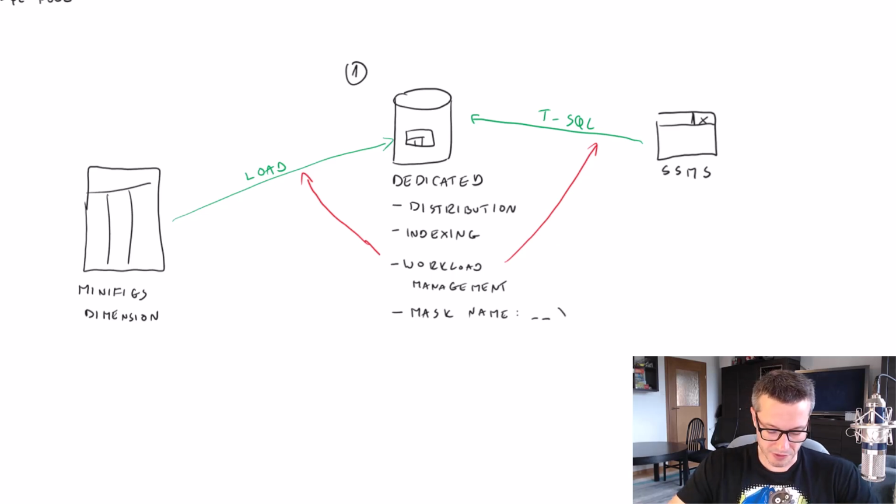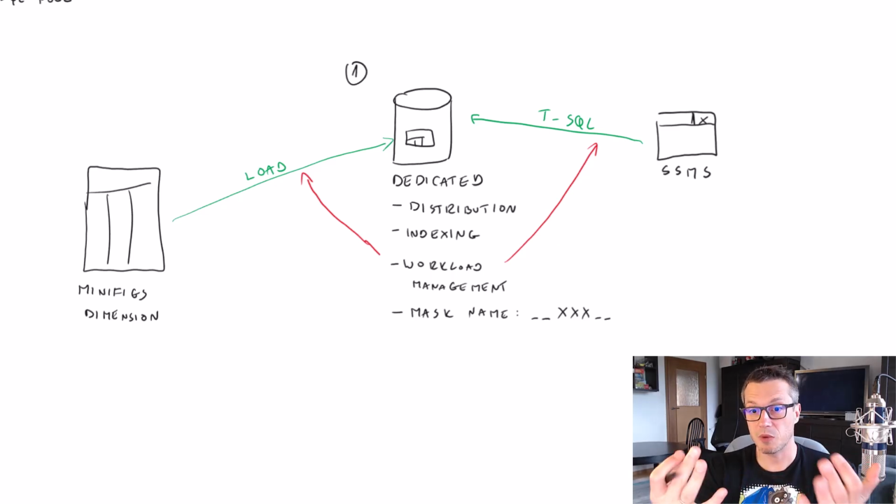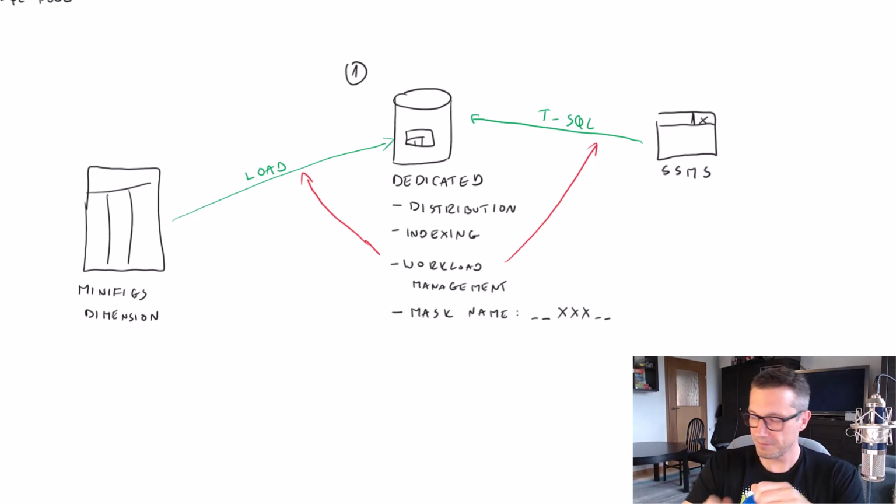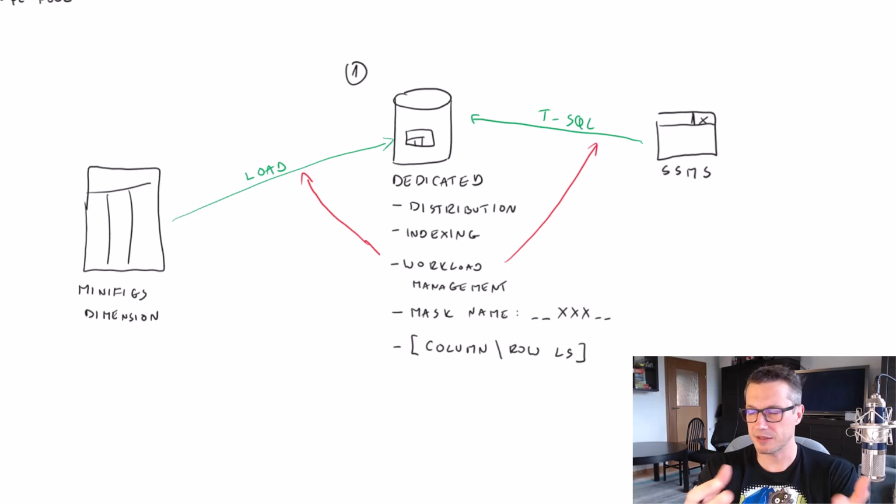Then you would have free access, and then again the last 2 characters would be exposed. And if this is not enough for you, then optionally play around with column and row level security. So that's the challenge about a dedicated SQL pool.